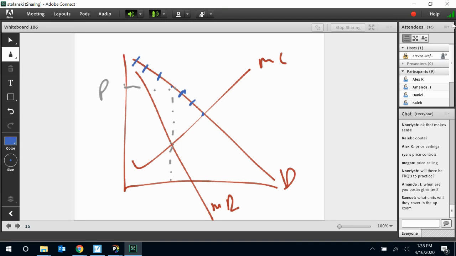So what units will they cover on the AP exam? Their units are different than my units. They're covering College Board units 1 through 5, and they're not covering unit 6.